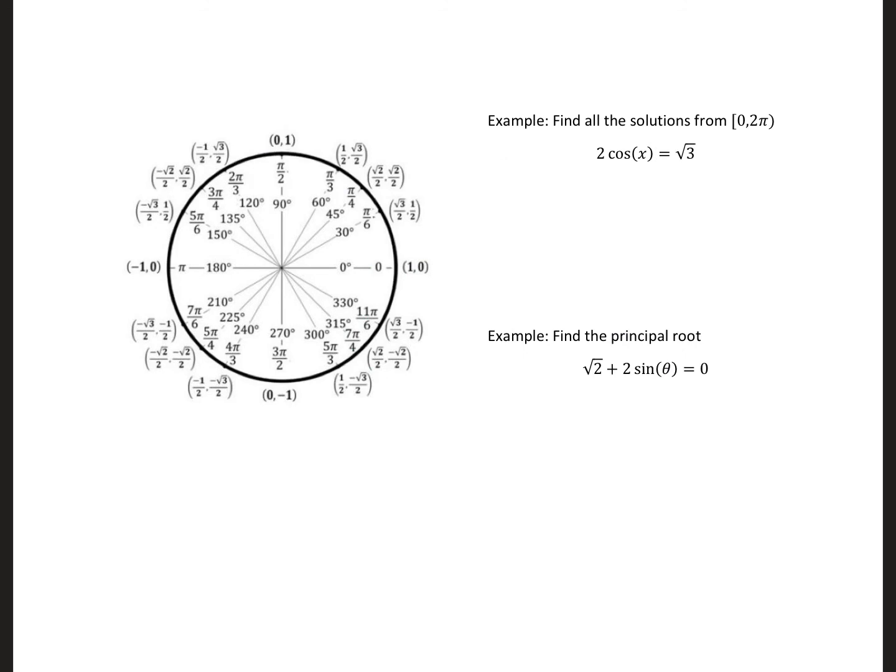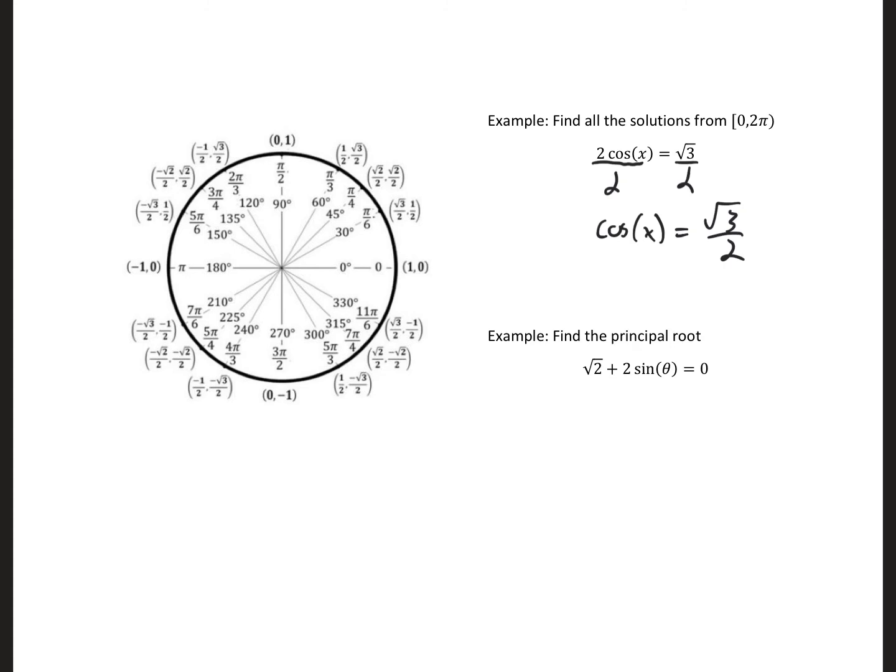So let's look at the difference between the two. Let's use these to solve some equations. I want to know cosine x equals square root of 3 over 2 from 0 to 2 pi. If we divide by 2, cosine of x equals square root of 3 over 2.